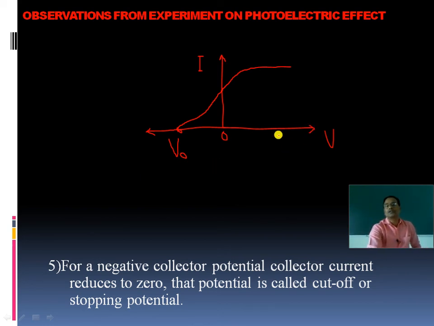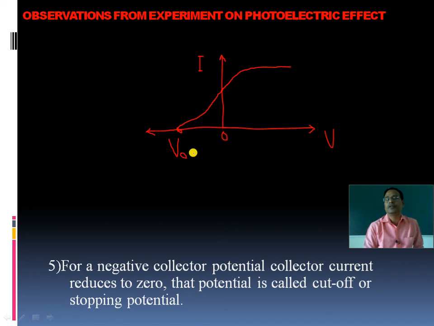If we go on decreasing the PD, the photoelectric current decreases, and it becomes this much value of current even when the collector potential is 0. Now, if the collector is given negative potential, and we go on increasing the negative potential given to the collector, the collector current decreases slowly and becomes 0 at what value? This is the negative value of collector potential, and that negative value is called the stopping potential.